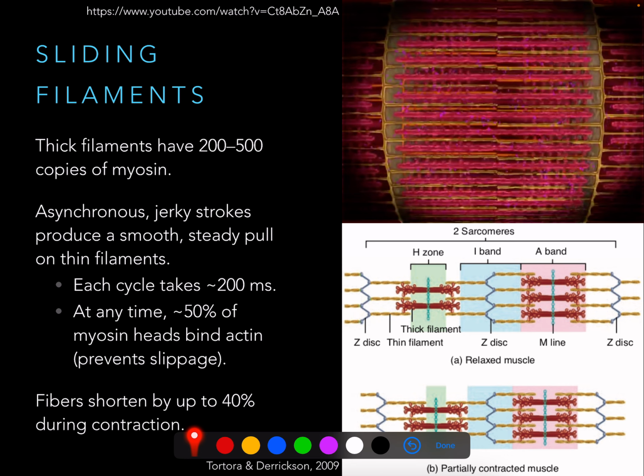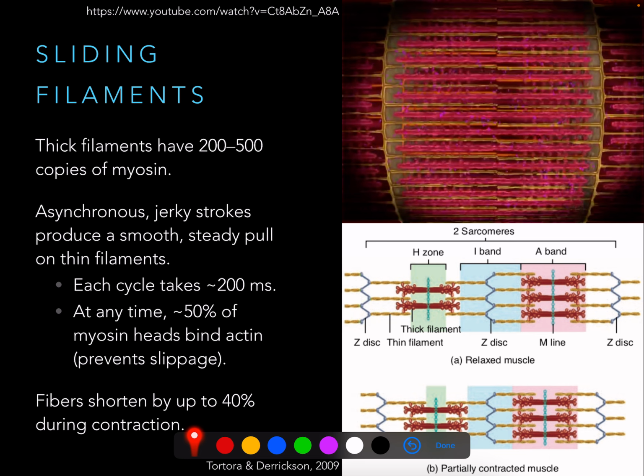So this keeps tension on the thin filaments and prevents them from slipping back, and then lengthening again. It also makes sure we don't have jerky muscle contractions. So not all the myosin's pulling. So there's about an equal, steady tension on those thin filaments. And so we get nice, smooth muscle contraction without slippage.